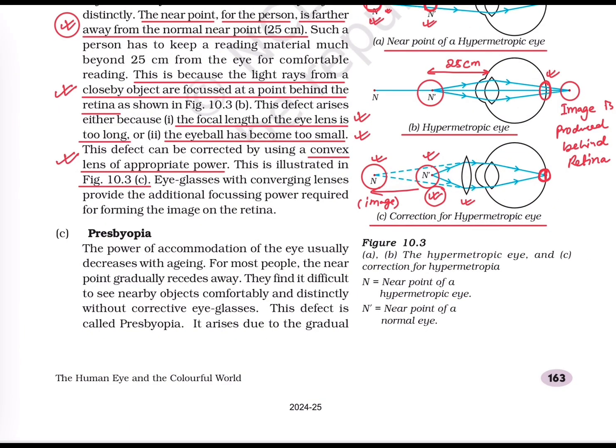Now let us talk about presbyopia. So what is presbyopia? The power of accommodation of eye usually decreases with aging. When we age, the power of accommodation of the eye decreases, and this leads to problem of adjusting our eye lens and observing object at both near and far points.